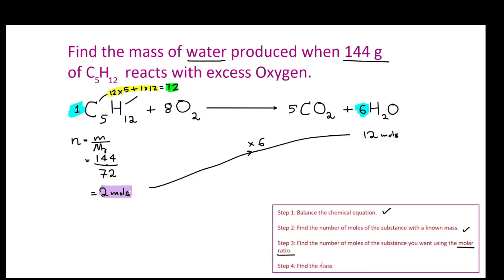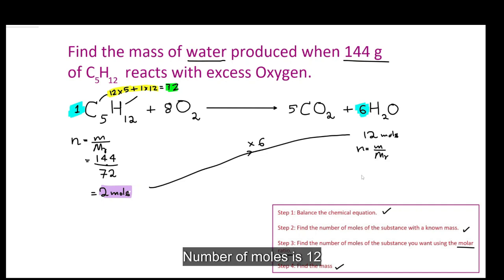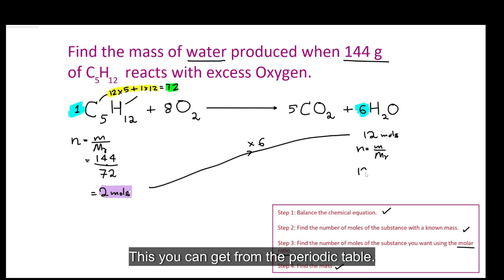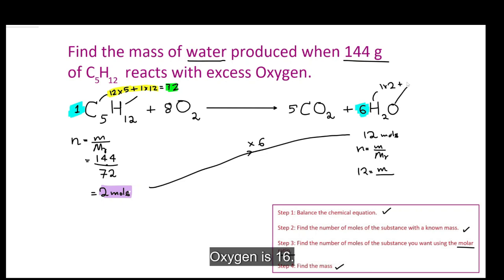Now find the mass. So number of moles is mass over Mr. Number of moles is 12. Mass is what I'm trying to find. Mr of water. Now hydrogen's mass number is 1 times 2. This you can get from the periodic table. Oxygen is 16. There's only 1.